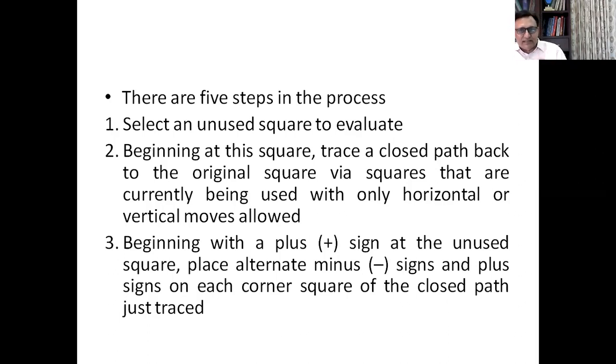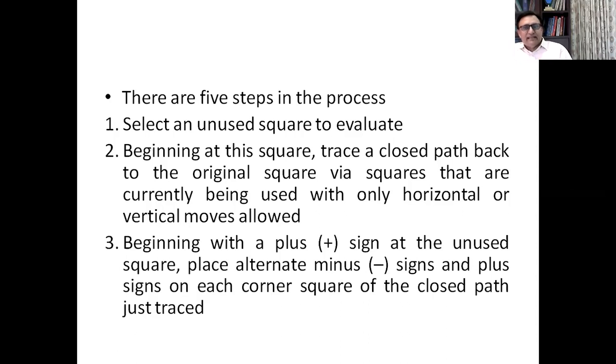So basically, the first step will be to select an unused square to evaluate. The second step will be, beginning at the unused square, to trace a closed path back to the original square via squares that are currently being used, with horizontal or vertical moves allowed.